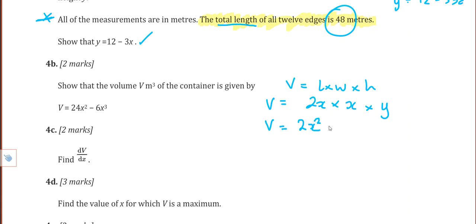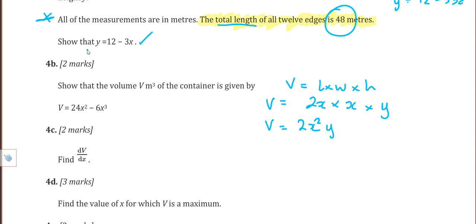Which is 2x squared times y. Now, is that what we have? Is that where we need to end up? No. Now again, we take the clues. Why did they want us to do part A?